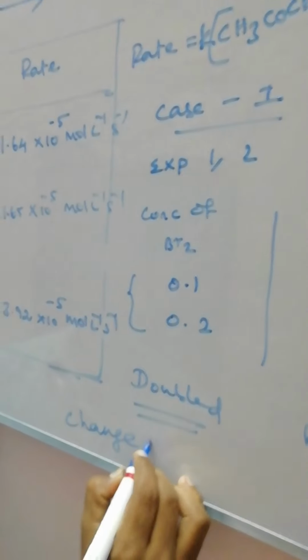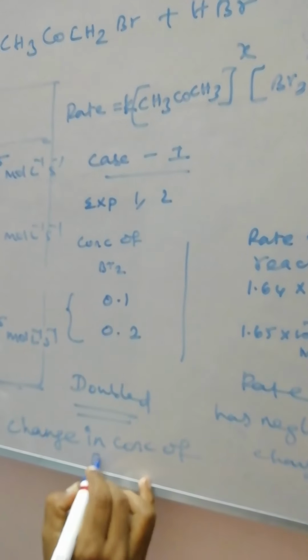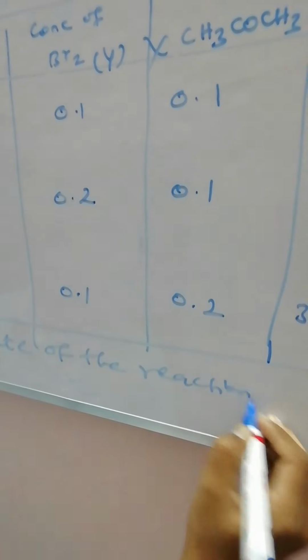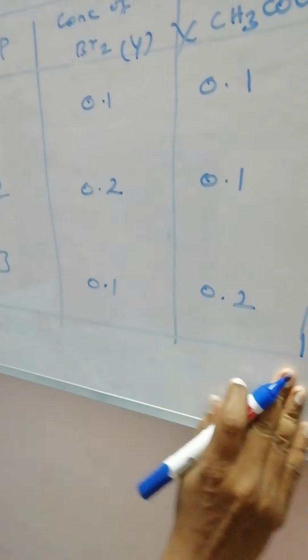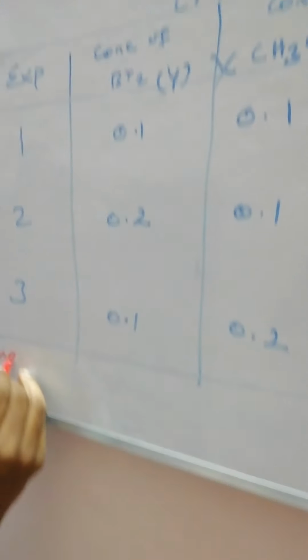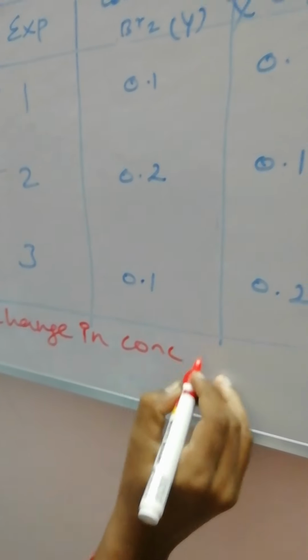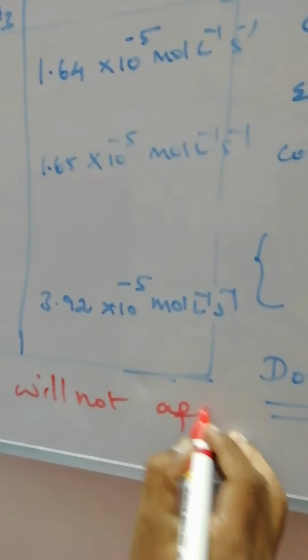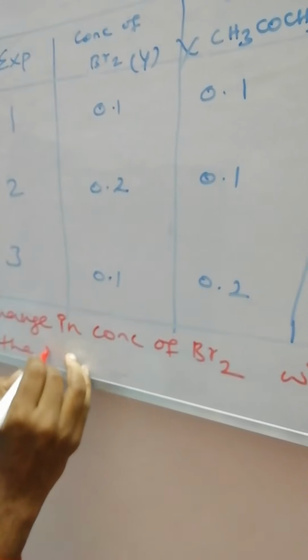Change in concentration of bromine will not affect the rate of the reaction.